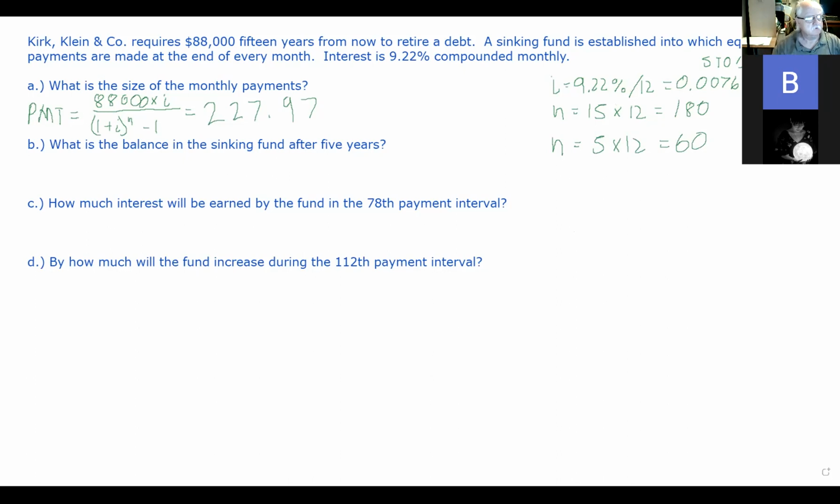And so we're looking at this number here that we just calculated, 227.97 times 1 plus i to the power of 60 in this case, minus 1, all divided by i.